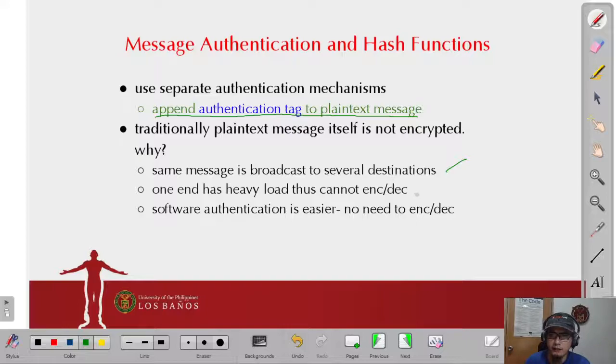Another reason: one end has a heavy load, thus cannot encrypt and decrypt. It's possible that one node in a network cannot perform the decryption and encryption, so it's better to just send it the plain text. Or there is really no need for encryption. Why bother? Let's just use an authentication tag.